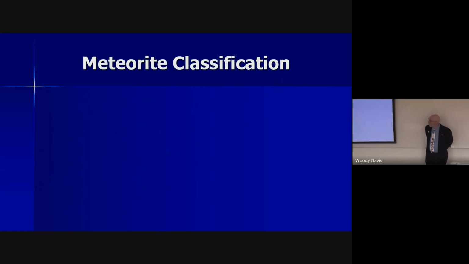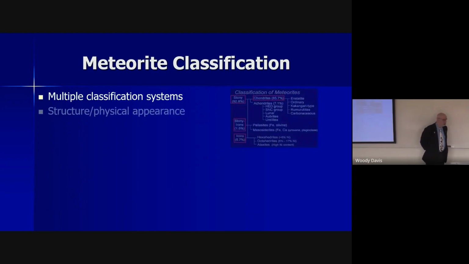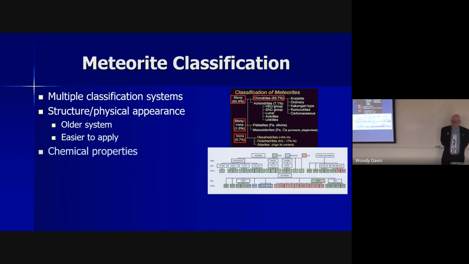So, how do we classify these things? Well, to make things a little more confusing, there are actually multiple classification systems. So the easiest one to talk about is the older one, which is the structural and physical appearance of the meteorites. And so it's easier to apply. And again, it's based on the external characteristics of the meteorites.